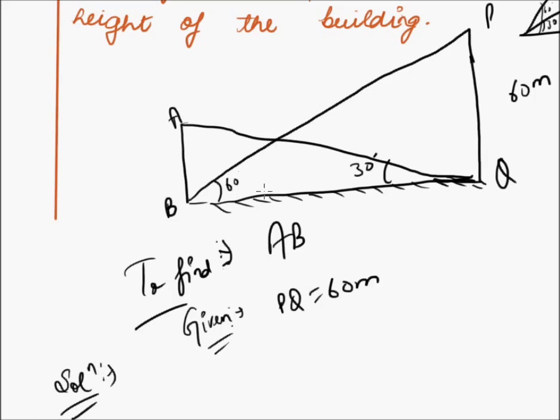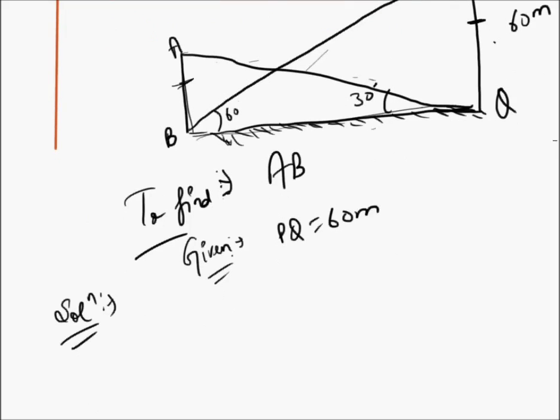Here we have the advantage of the common thing, that is base of the two triangles. This is the first triangle, whereas this is the second triangle. So we'll be incurring the base, as well as we are given height in this triangle. So base and height are again related with tangent. Similarly, in this triangle we have to find out this height, and we have the base common to both triangles. So again base and height are involved, which is the part of the tangent ratio of the given angle.